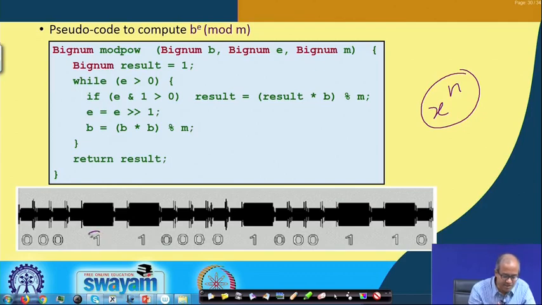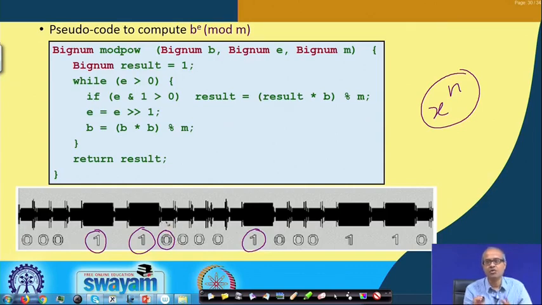So, whenever there is a 1 in the bit, you need a squaring, also a multiplication. So, you need more time. There is another one, you need more time, another one, you need more time. But when there is a 0, then you need only a squaring, no multiplication. So, your time is less.